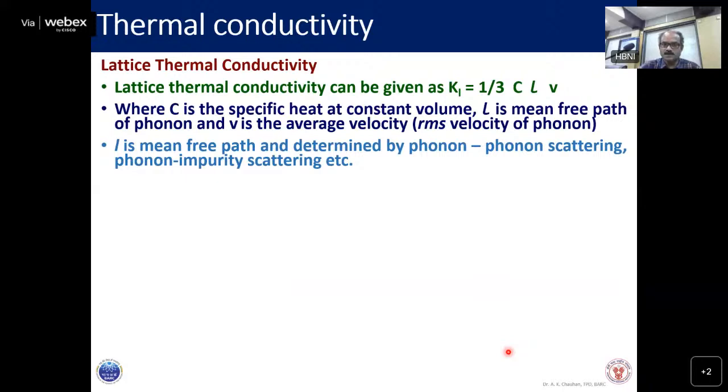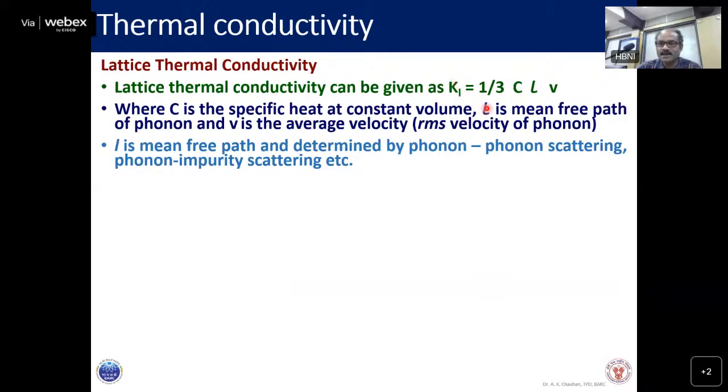So the lattice thermal conductivity, what is that? One is the conductivity due to electrons and holes, the charge carriers which are actually moving, physically taking heat from one place to another. And then the lattice thermal conductivity is another, because of the movement of phonons, or you can say vibration of the lattice.